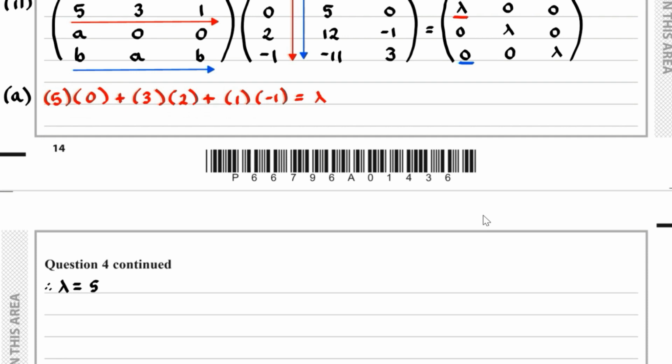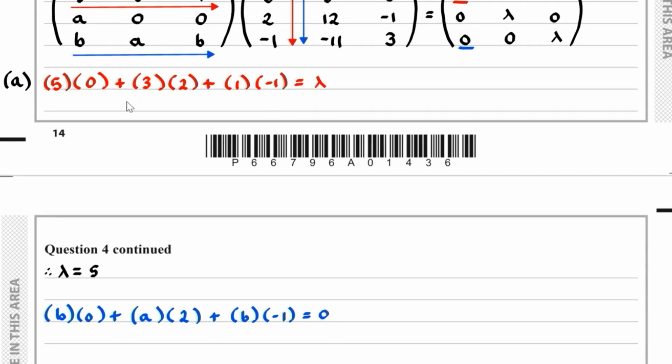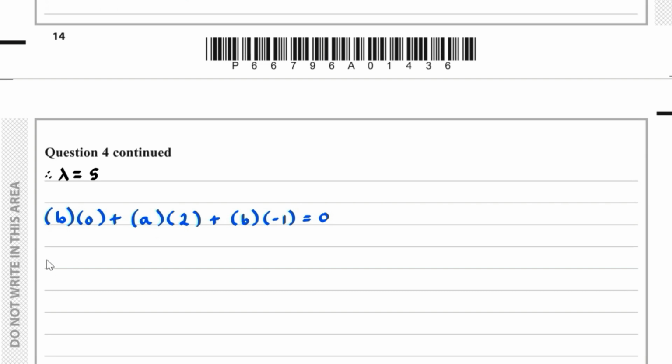So we have B lots of 0 plus A lots of 2 plus B lots of minus 1, and this is equal to 0. And so we have 2A minus B equals 0.